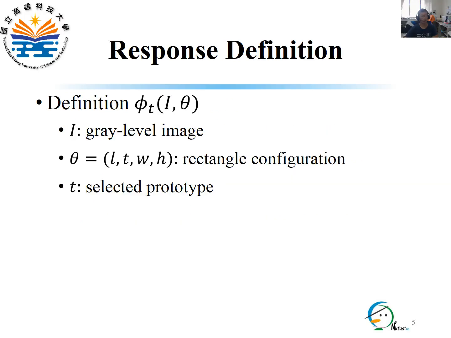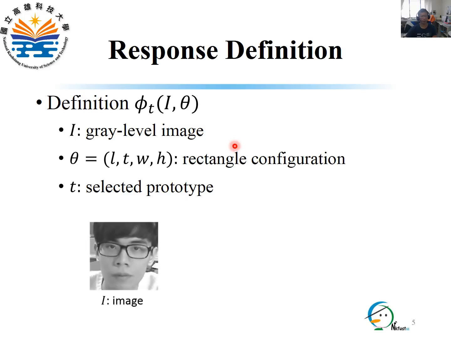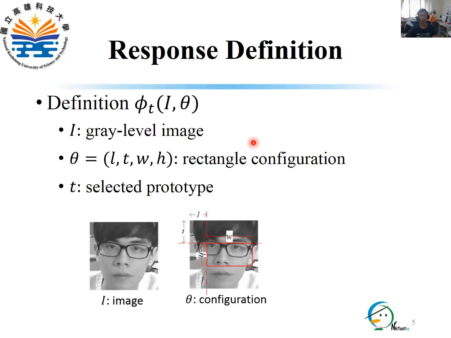A Haar-like feature can be expressed as φ_t(I, θ), where I is the input gray-level image, θ is the rectangle configuration, LT is the coordinate of the left-top point, W and H are the rectangle width and height, and t is the selected Haar-like prototype.